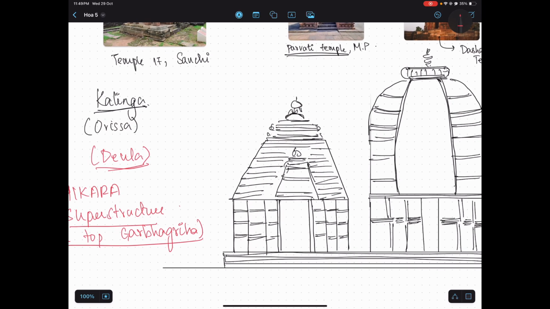In Kalinga, you can have three substyles based upon the Shikhara style. So they had Rekha Deula, or it's also called Rekha Pida, or Rataka Deula.